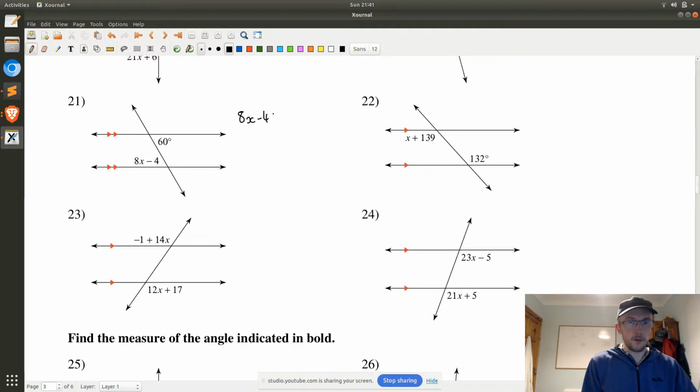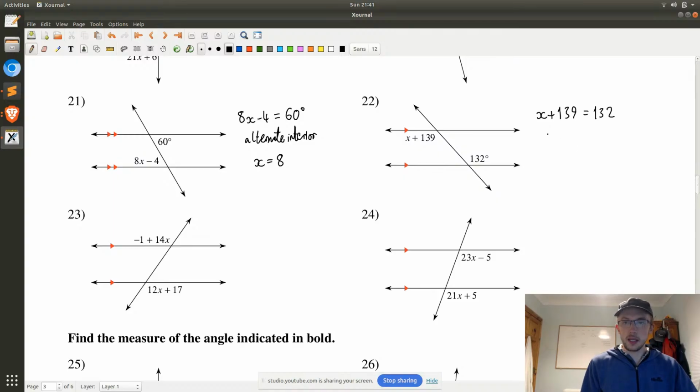8x take 4 equals 60 degrees. Reason being they are alternate interior angles, or Z angles, and so x equals 8. x plus 139 equals 132.